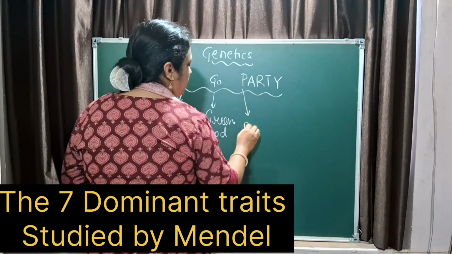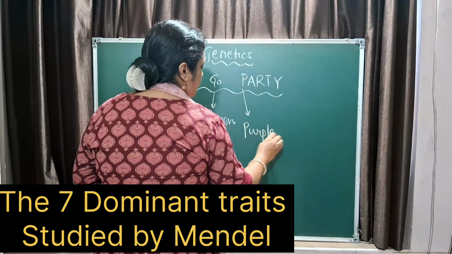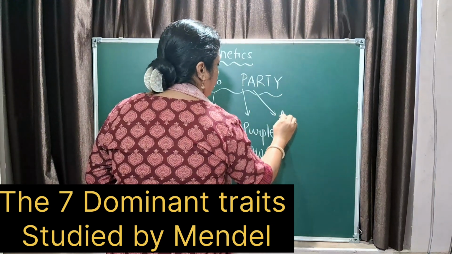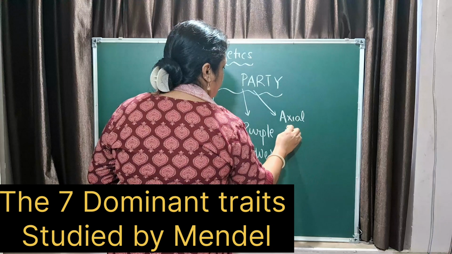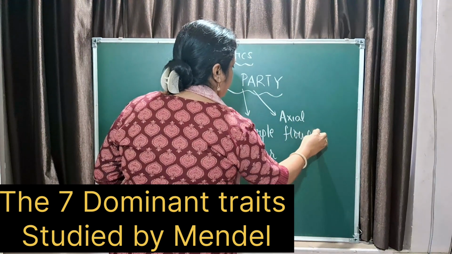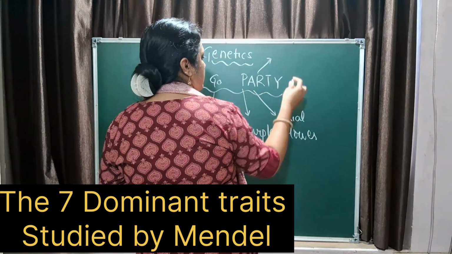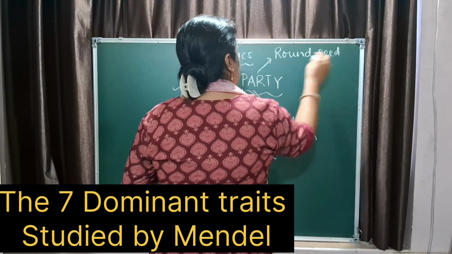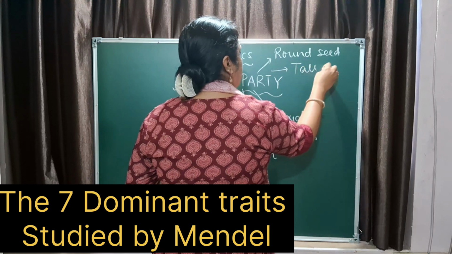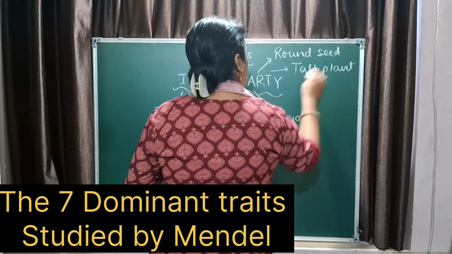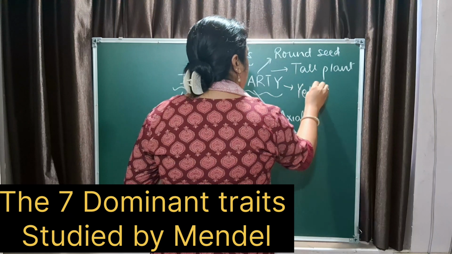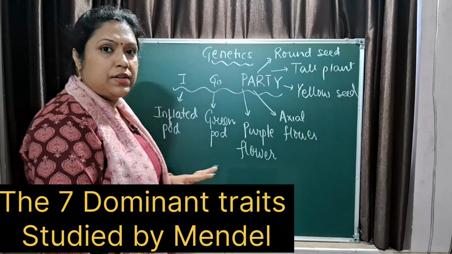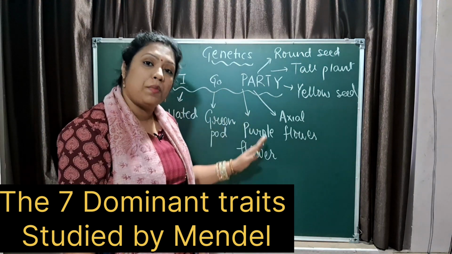P is purple flower. A is axial flower. R is round seed. T is tall plant. And Y is yellow seed.